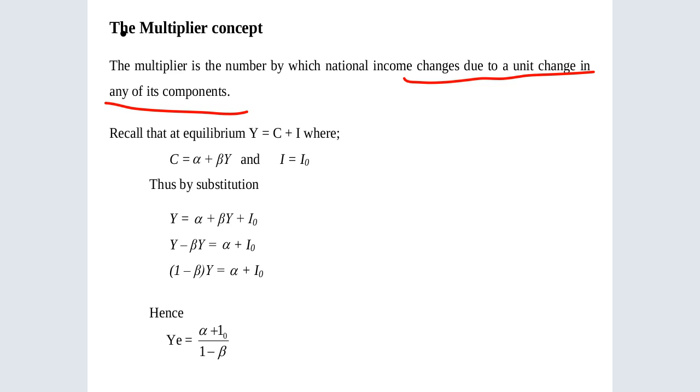Those are the components of the national income. Now, under the multiplier concept, we will be interested to know by how much the national income changes if we have a unit change in one of the components of the national income.